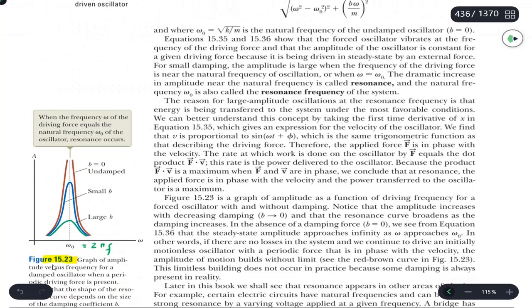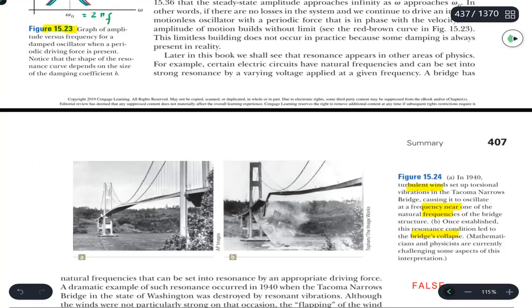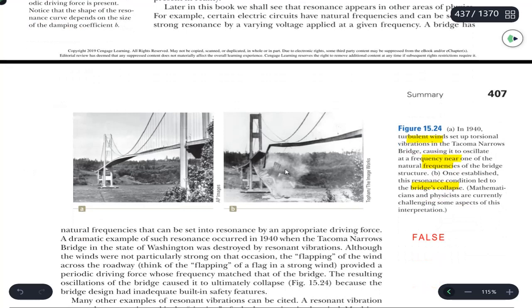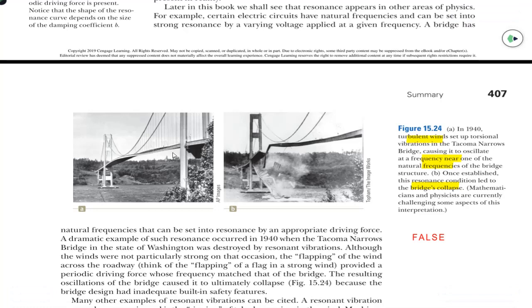Okay, so as we see in this figure 15.23, when the frequency or angular frequency here, it tries to correlate the idea of f, actually, the driving force equal to the natural frequency, then you should observe the amplitude gets larger. And that's what this figure shows, the Tacoma bridge, where in 1940 the bridge happened to have vibration because of the swing.